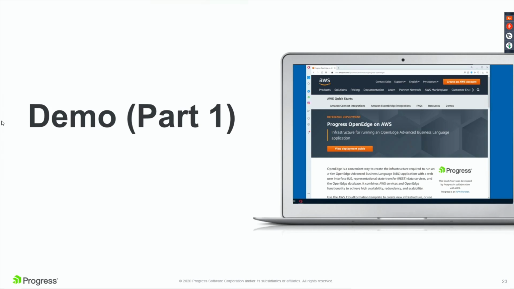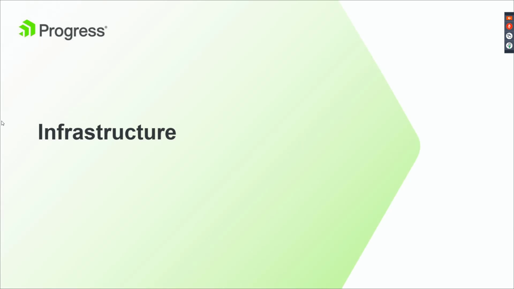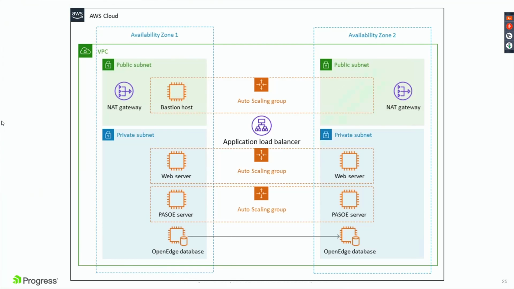Okay, all right. Let's talk about the infrastructure. Again, what is the goal? The goal here is to create an infrastructure for an N-tier OpenEdge application. And this N-tier OpenEdge application is an OpenEdge application that is working in the cloud and is using cloud functionality, right?